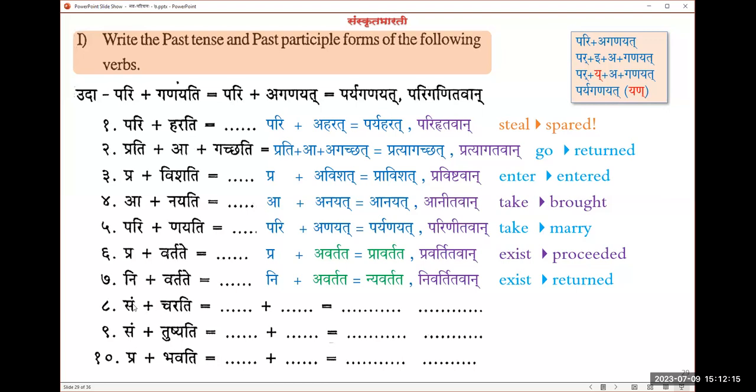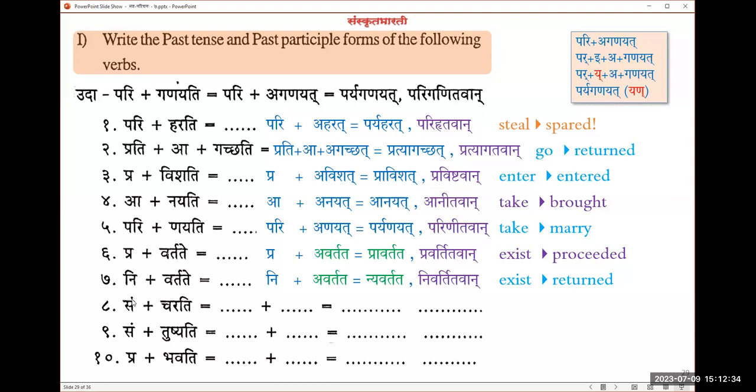But actually let me tell you something about sam upasarga. Sam upasarga, because it has got this special sanya, it is allowed to retain its anuswara bindu with charati. So if you write it as sa, bindu above, and then charati, nothing wrong.